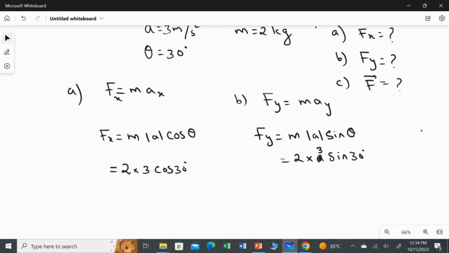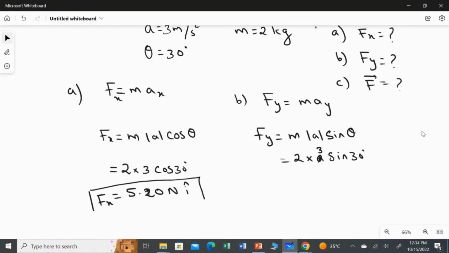I got 5.196, so I can round the value to 5.20 Newton. This is the x component, so I put i cap.